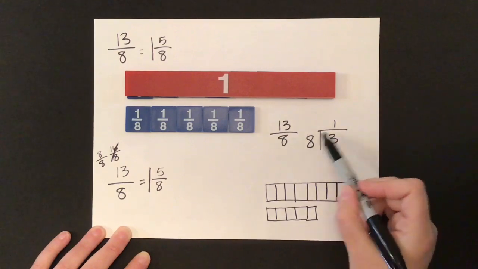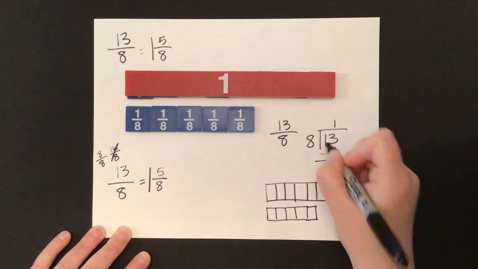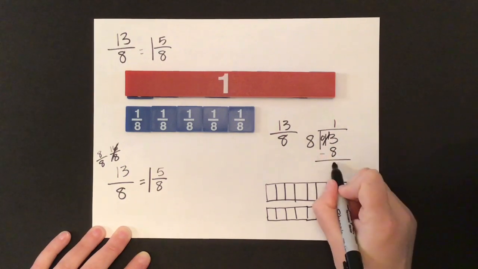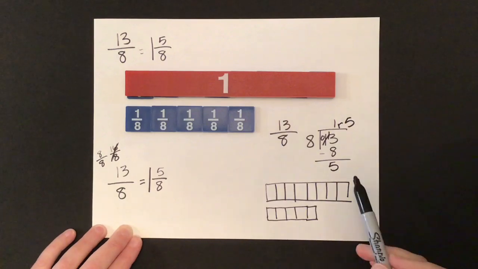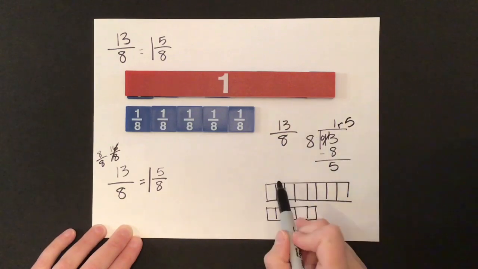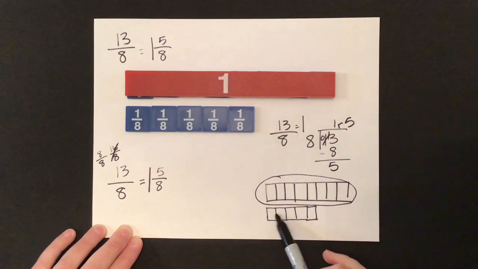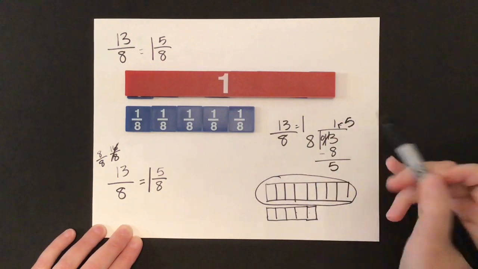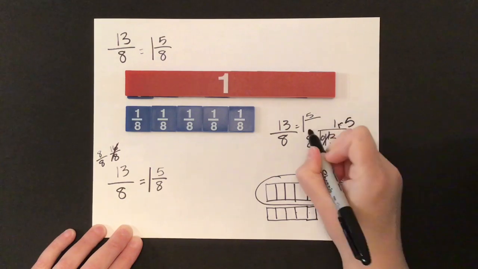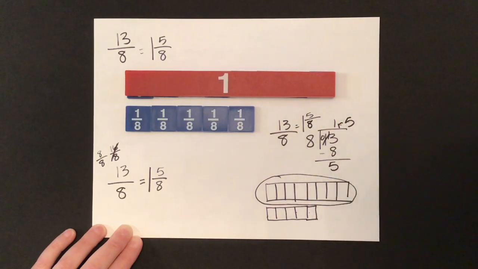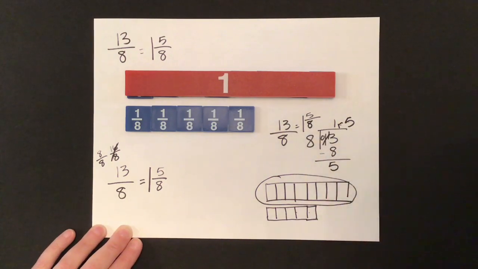I know that 8 times 1 is 8, so I can subtract, and I get 5, so 1 remainder 5. That means I had enough pieces to go ahead and make 1 whole, and there were 5 left over. That's what the remainder shows. Then we know that the pieces are 1/8 pieces. That's the size of the piece. There we get 1 and 5/8, just showing it with division.